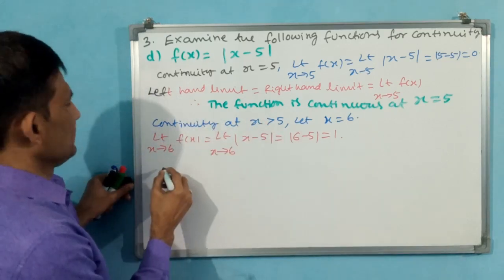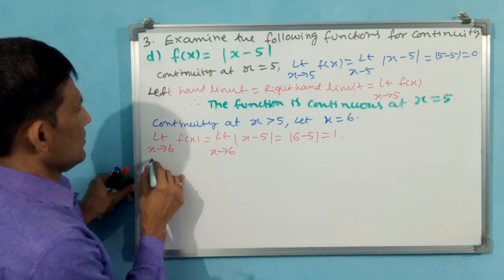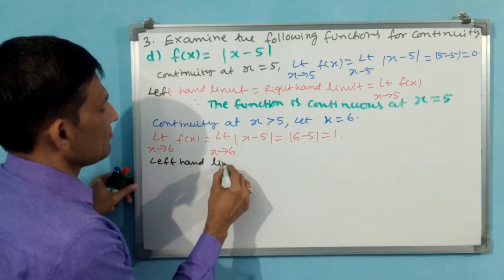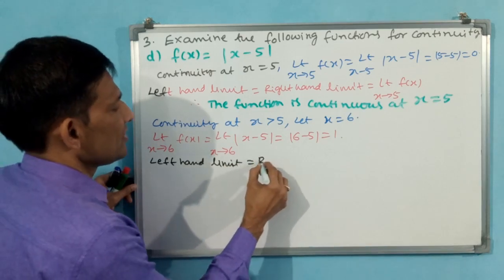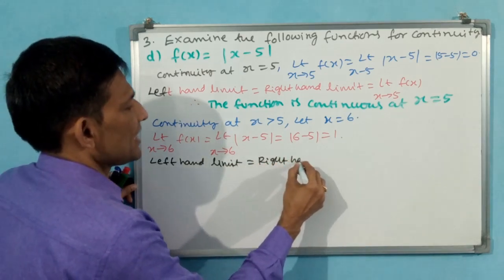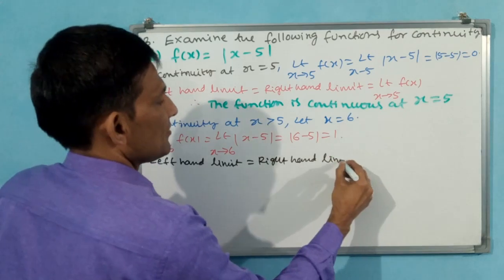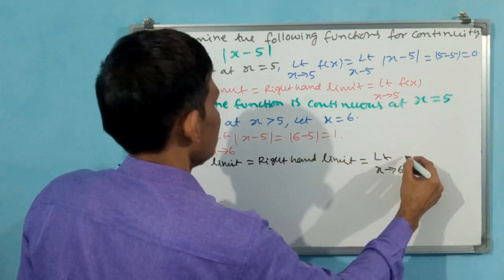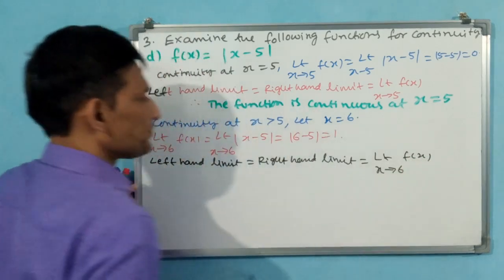Okay, write down. Left hand limit is equal to right hand limit, that is equal to limit x tends to 6 f of x.